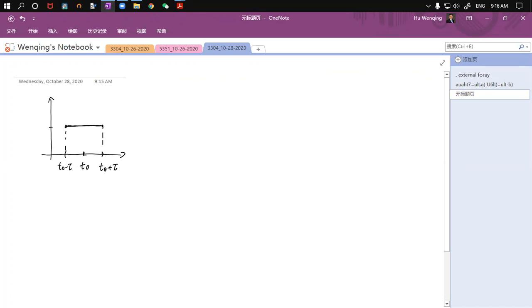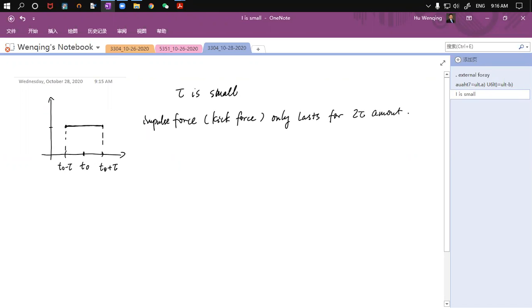It will be a very short amount of time if tau is small. So if tau is small, the kick force only lasts for 2 tau amount of time. So this tau is very small.